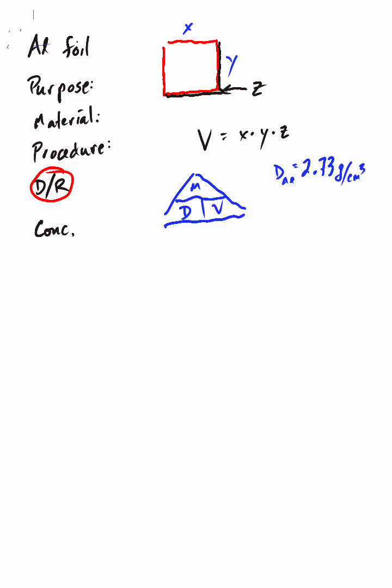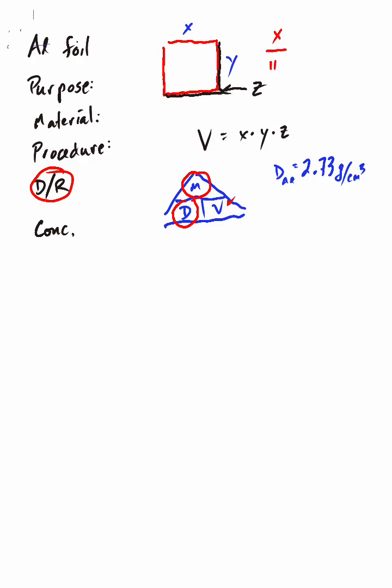All we need to do is get the mass divided by the density, and that will be the volume, numerically speaking. So I go ahead and put all my measurements and include the mass. I have a measurement for X, and that is 11.